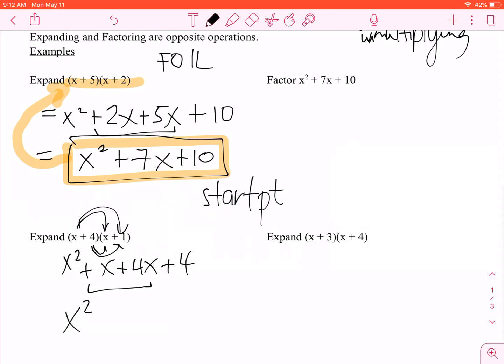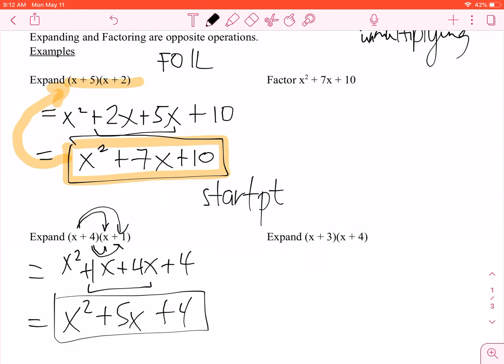For our like term collections, remember 1x plus 4x is 5x, and then the plus 4 at the very end is our constant. Once again we're going to learn how to go from our answer to our question. That's going to be our skill for today.